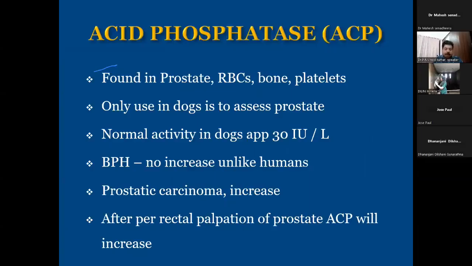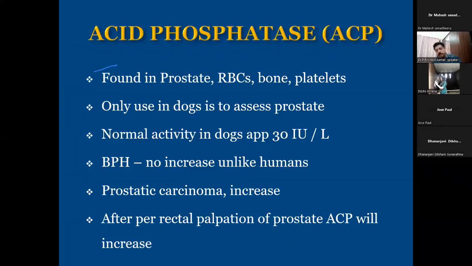Then another important enzyme is acid phosphatase. Acid phosphatase is mainly produced from the prostate. Some amount is seen in the RBCs, bones, platelets, etc. The only use of ACP in the dog is to assess the prostate.